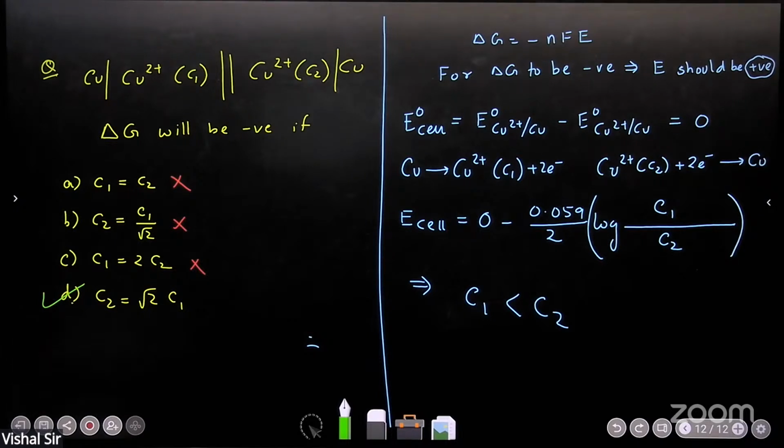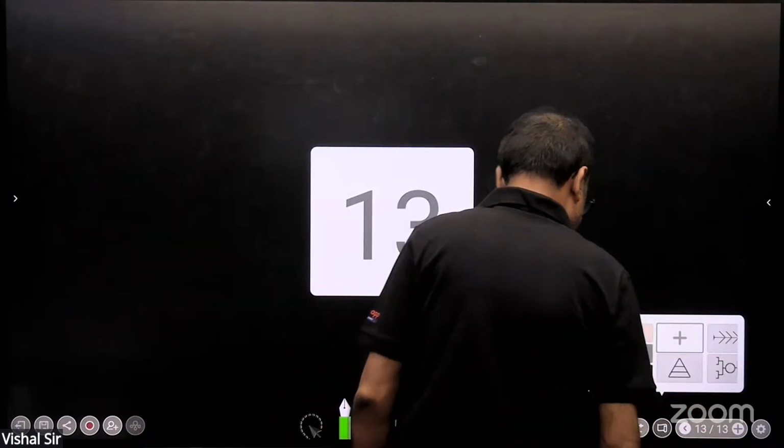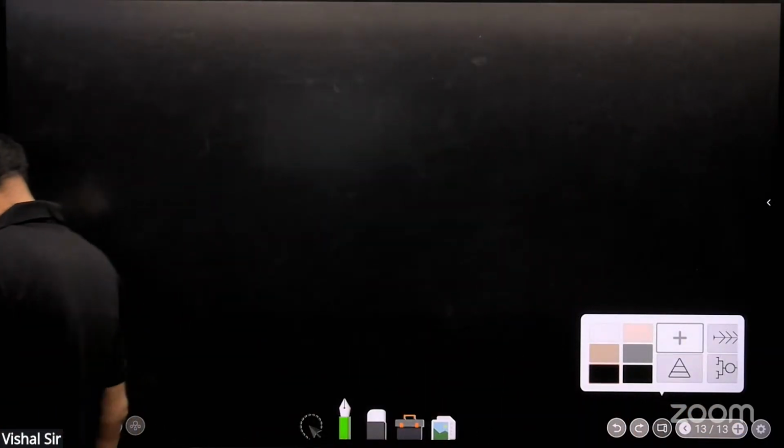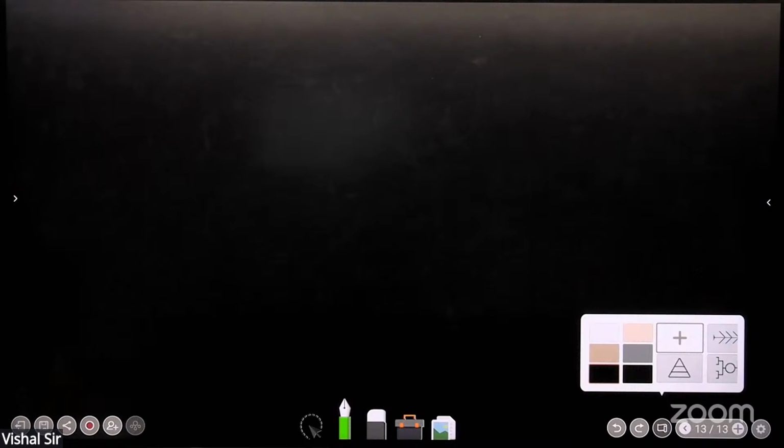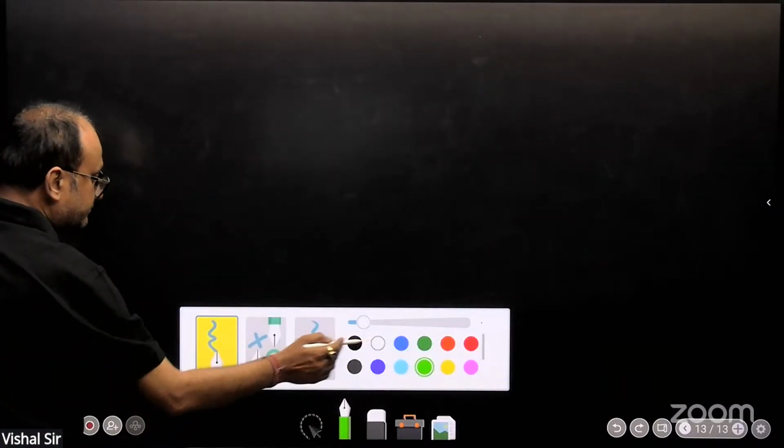Chalo. Let's take our next problem. So here we are given a cell reaction. Let's say like this. We are given a reaction like this.